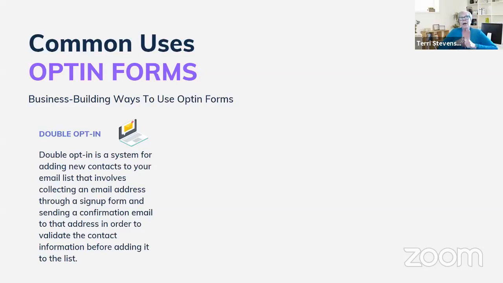A double opt-in is a system for adding new contacts to your mailing list and collecting their emails, or their information if you're collecting phone numbers, that as well. But you're going to make sure they're good quality, actual real live people and not fake emails or fake numbers, which is only going to cost you time and money as a business owner.